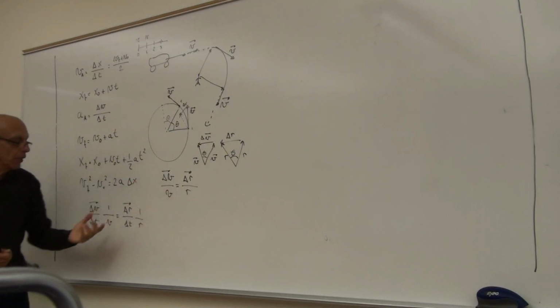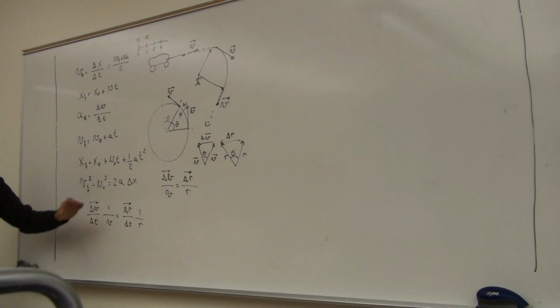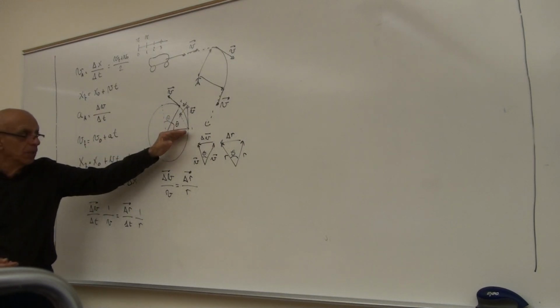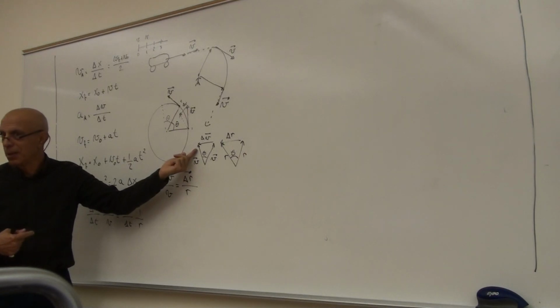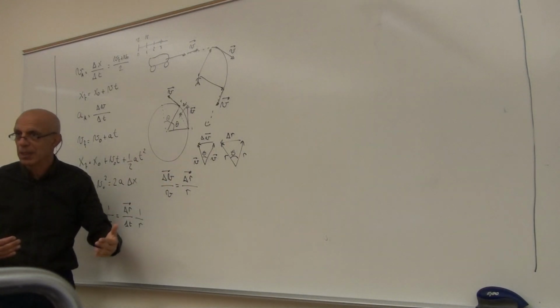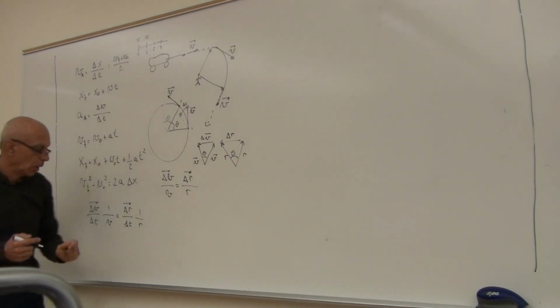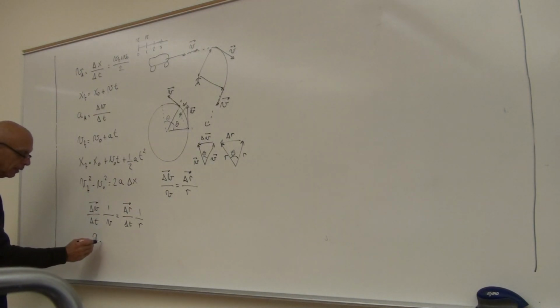I divide by delta T on both sides. So delta V over delta T is the acceleration causing this object to go on a circle. Because this is pointing to the center, we're going to call this acceleration centripetal acceleration. I'm going to call this AC, for centripetal.